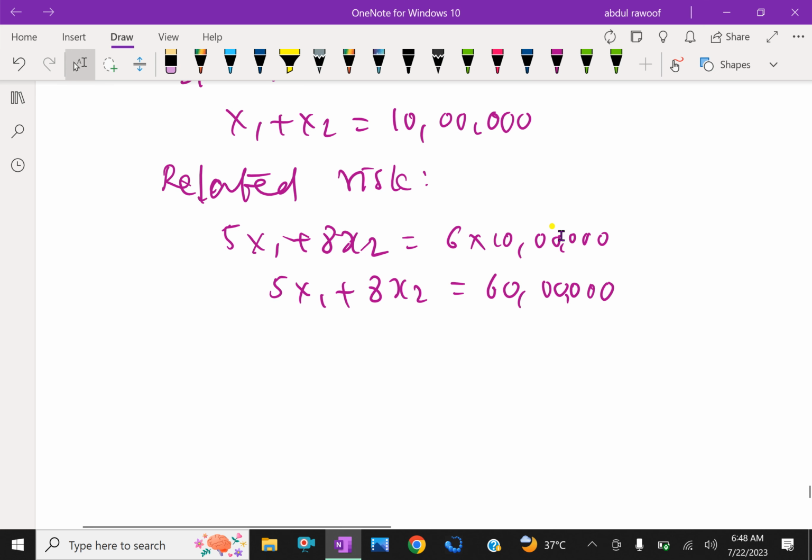So related to risk, 5x1 plus 8x2 is less than or equal to 60 lakhs.